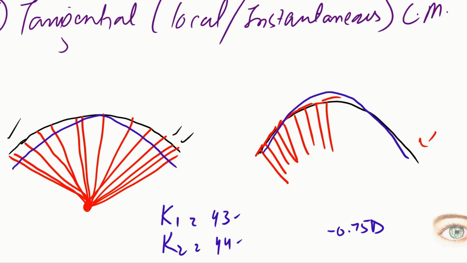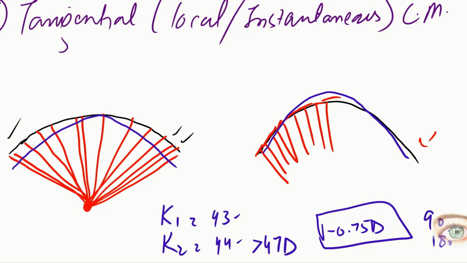If the K2 reading is more than 47 diopters, it is not normal, right? So you have to look for keratometer readings as well, and you also have to look for the axis. If it lies in 90 and 180 degrees, it is a regular astigmatism.